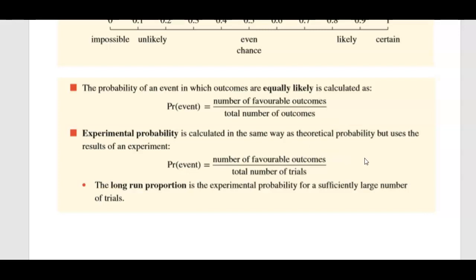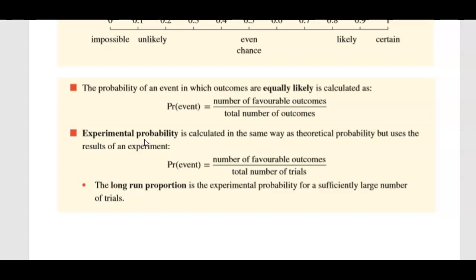Experimental probability is calculated in the same way as theoretical probability, but uses the result of an experiment. In this topic, we'll look at experimental probability. It's something that's actually happened. Maybe I flipped a coin 100 times and I've got my samples of my outcomes all listed.